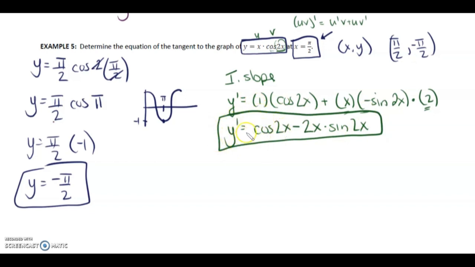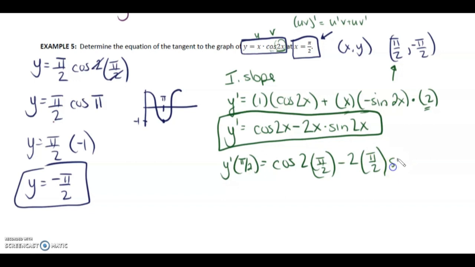We want to find the actual slope at this point, at pi by 2. So y prime at pi by 2 is going to equal, and we just sub in, cos of 2 times pi by 2 minus 2 times pi by 2 times sine of 2 times pi by 2.